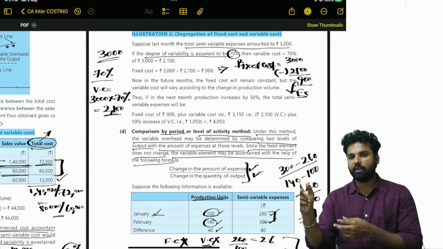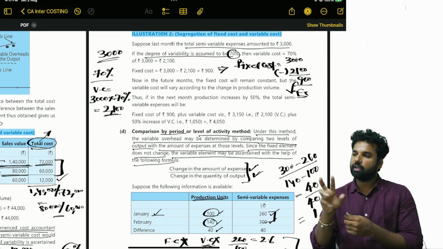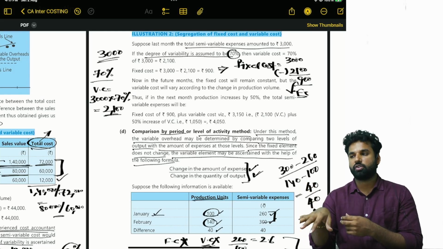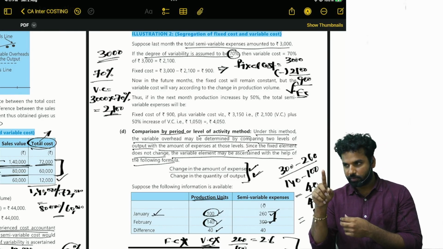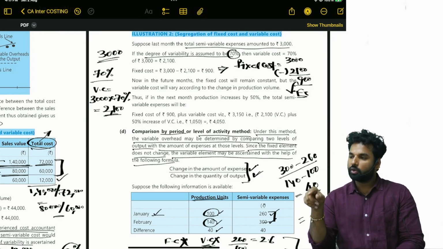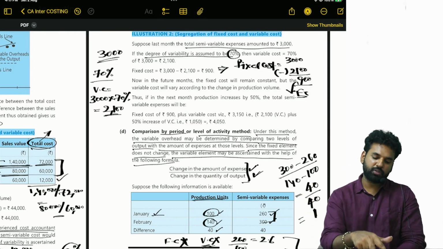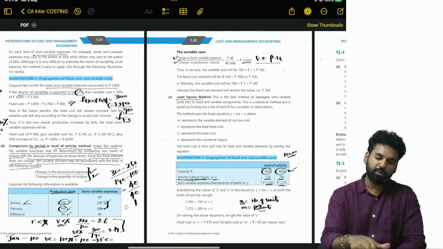Then you multiply variable cost per unit by the number of units produced to get variable cost. Subtract variable cost from total cost and you will get fixed cost.